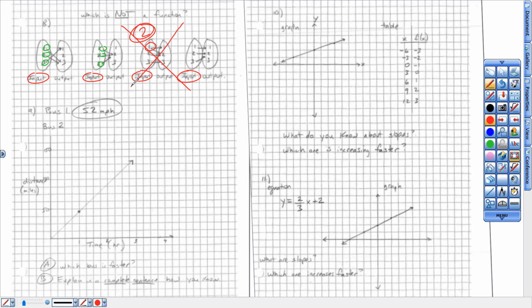All right, next problem. This one is 52 miles in 1 hour. This problem right here, if I look at 50, here's my 50. That 50 line right there, you can see the dot clearly below. So in this one, I'm going to write which bus is faster. I'm going to say bus number 1.